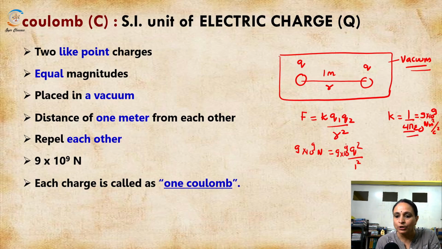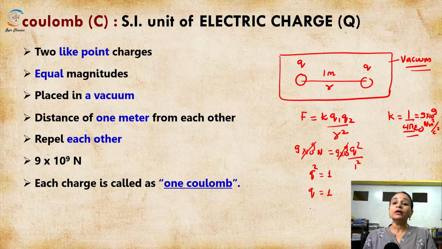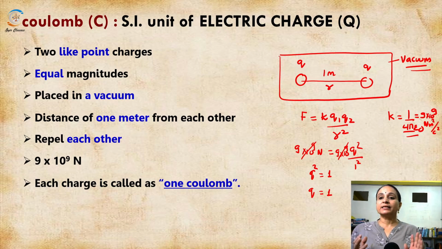So this cancels out. So q square is equal to 1, so q is also equal to 1. It may be a positive charge or a negative charge. This is actually the unit of charge, right? In honor of the great scientist, the charge is given the unit of 1 coulomb.